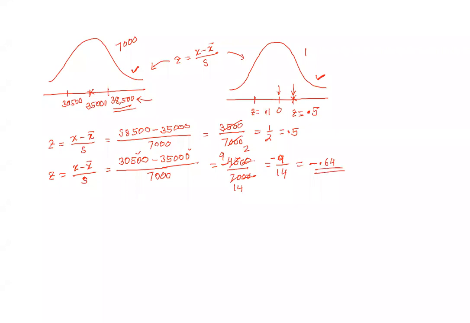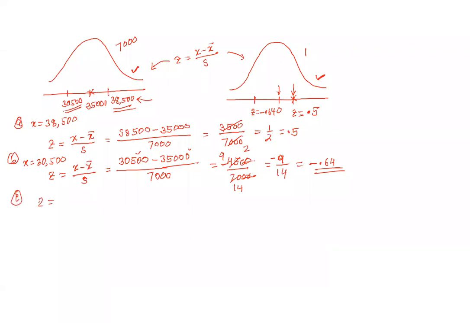So the z-score for 30,500 is negative 0.64. So this is your A, where x is equal to 38,500. That's your B, where x is equal to 30,500. But for C, they give you Z this time.